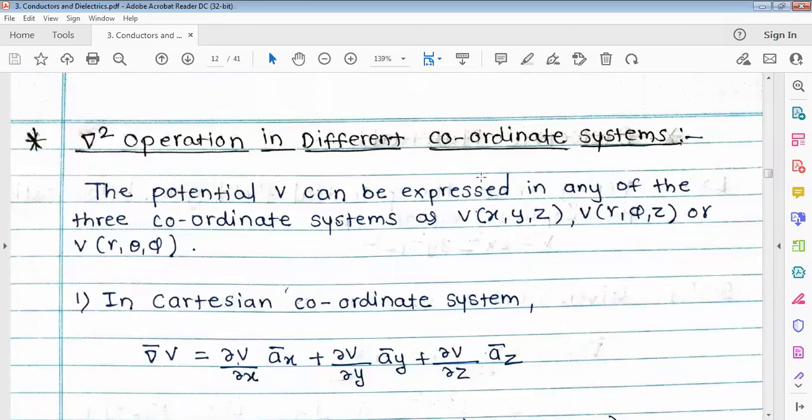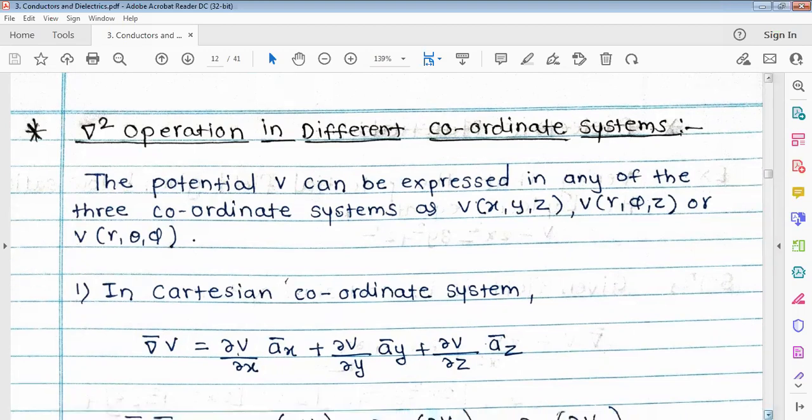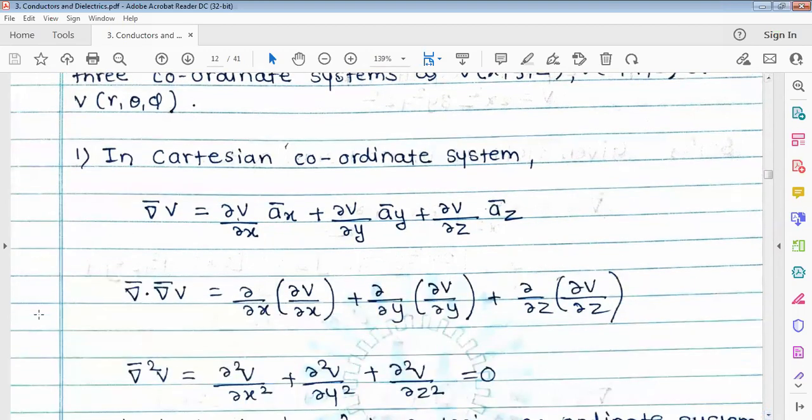Del square means what we are taking here? Del dot del. So we have to write this for all coordinate systems. In Cartesian, del into V is a gradient.